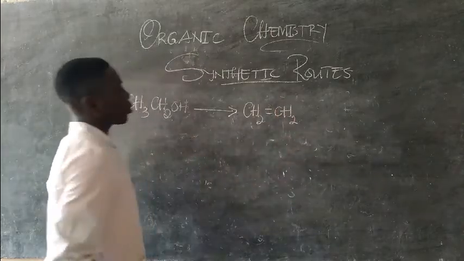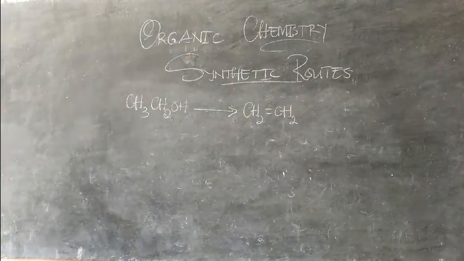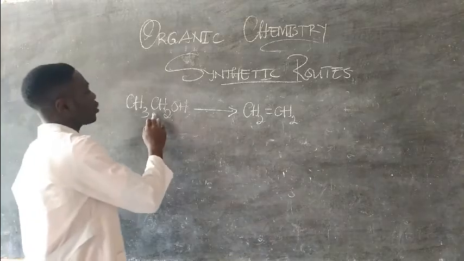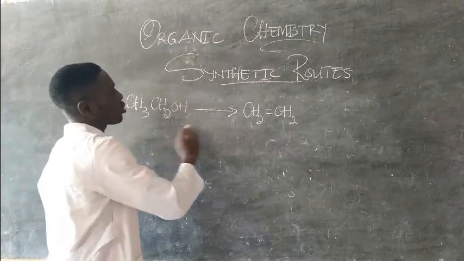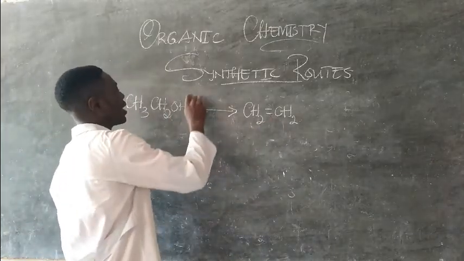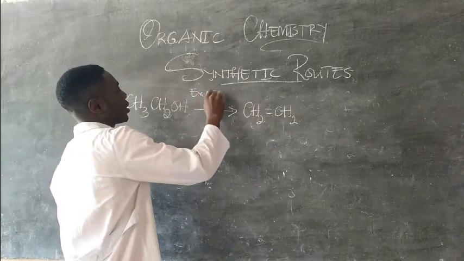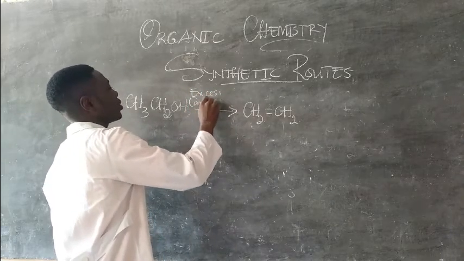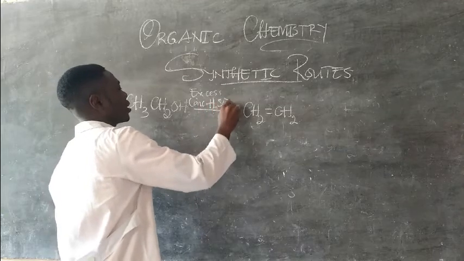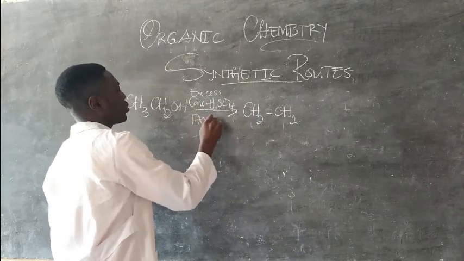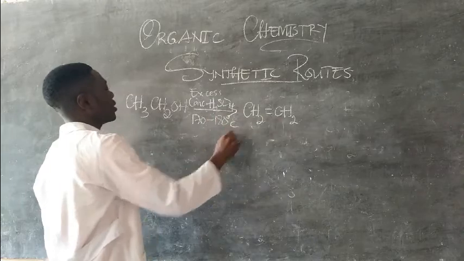I could convert it to an alkene, which is 18. And of course, to convert an alcohol to 18, use excess concentrated sulfuric acid at 170 to 180 degrees Celsius.